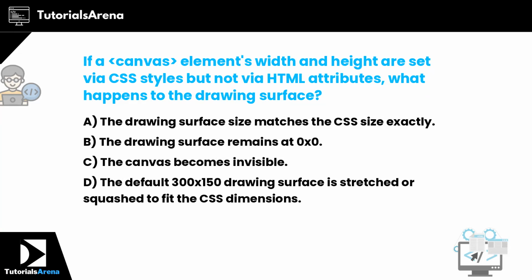If a canvas element's width and height are set via CSS styles, but not via HTML attributes, what happens to the drawing surface? The correct answer is option D. The default 300 by 150 drawing surface is stretched or squashed to fit the CSS dimensions.